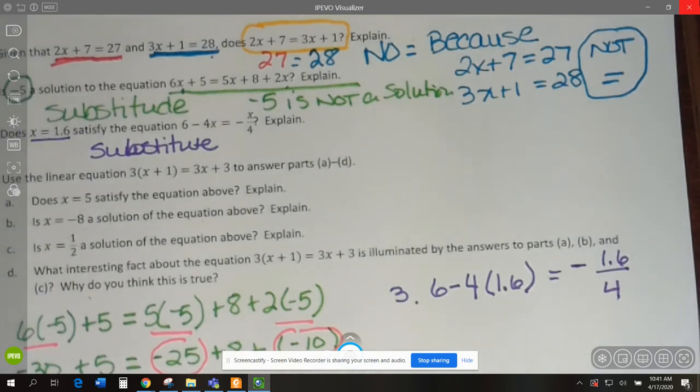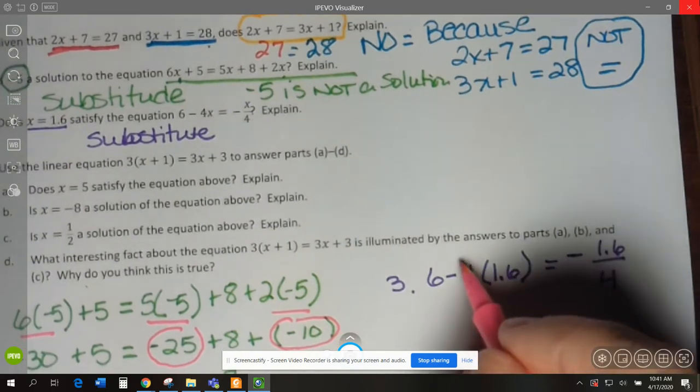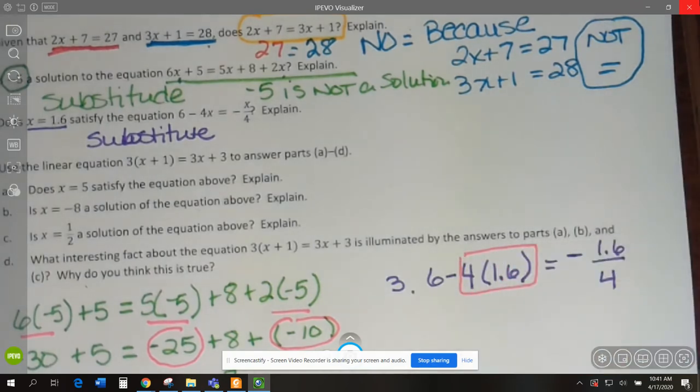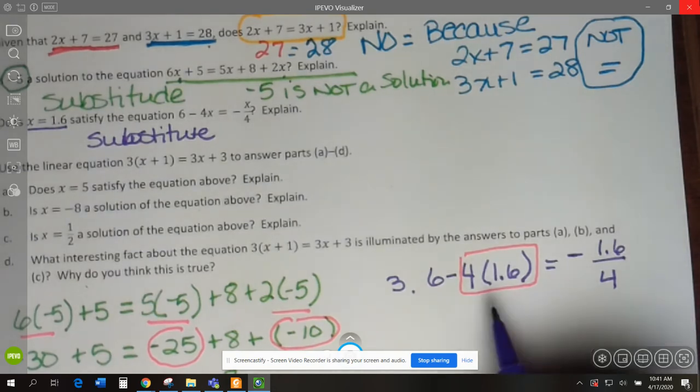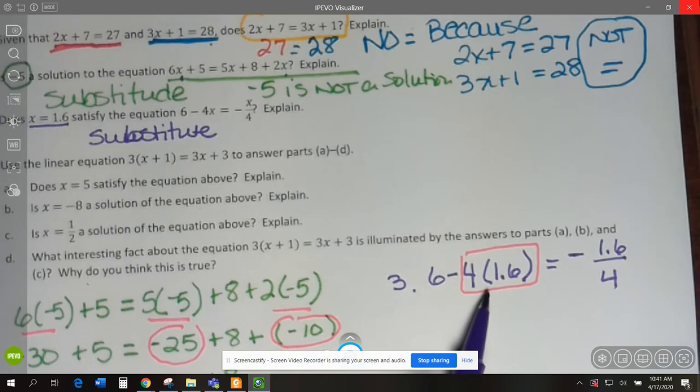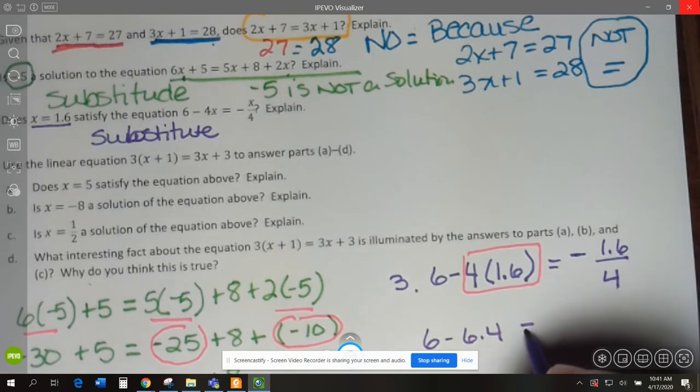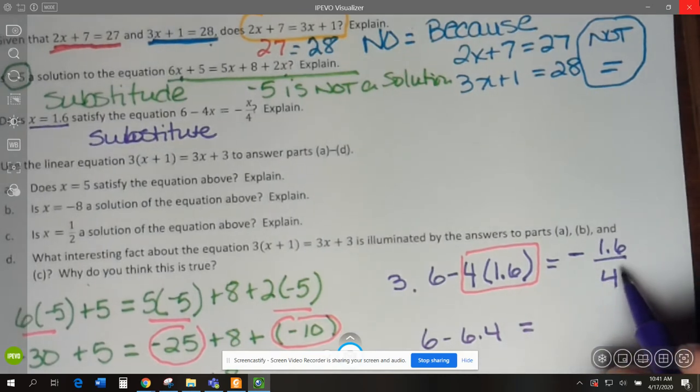We need to remember our order of operations. Order of operations says we multiply first. 1.6 times 4. If need be, you can use a calculator. I know 4 times 1 is 4. 4 times 0.6 is 2.4. So I'm going to have 6 minus 6.4 equals, and I can divide this out if I want.